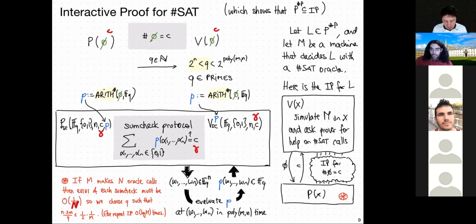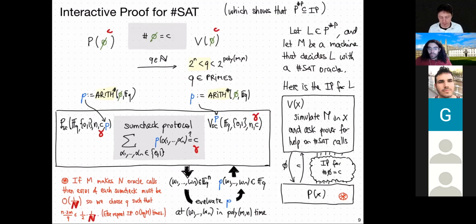So you need to pick q large enough so that the expression over here, which is n times the individual degree, which now is 3m rather than m, over q, is at most, let's say, half times 1 over n. Alternatively, you can pick q to be slightly smaller and just repeat the interactive proof a few times to reduce the error. Either way, you need each call to the #SAT oracle to have error 1 over n, because you're going to make n calls overall.